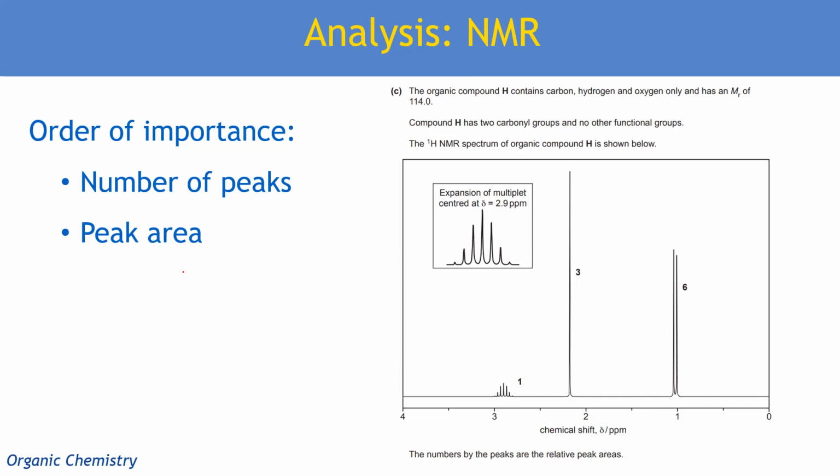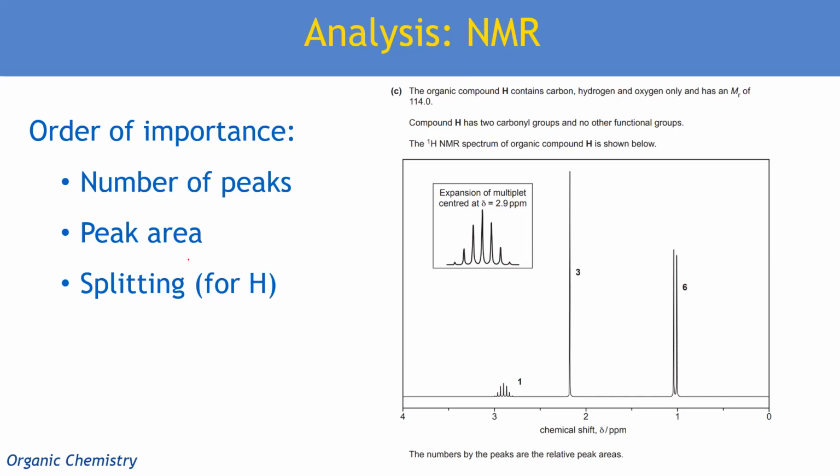Peak area, the other thing I'll do is I'd add it up. 6 plus 3 plus 1, that's 10 hydrogens. And I would check whether that's the actual number or whether there might be 20 hydrogens in my formula. And splitting patterns, that's also really important. By this point, I might have already eliminated some possible isomers just from the number of peaks and the peak area.